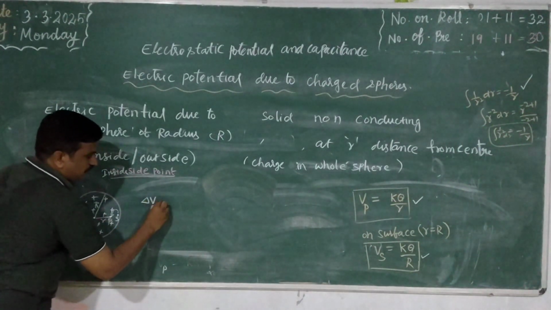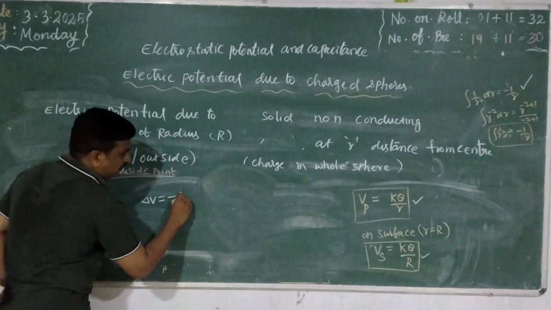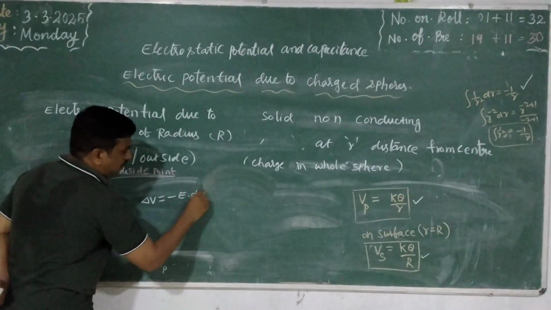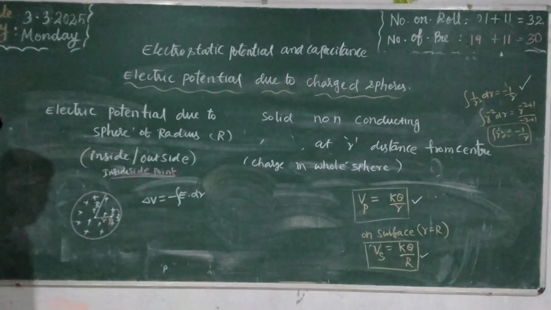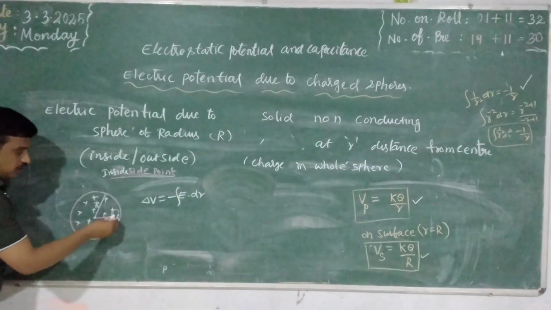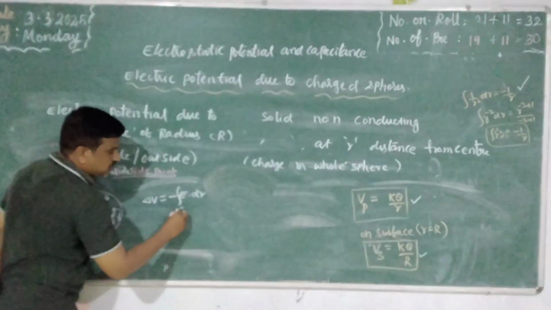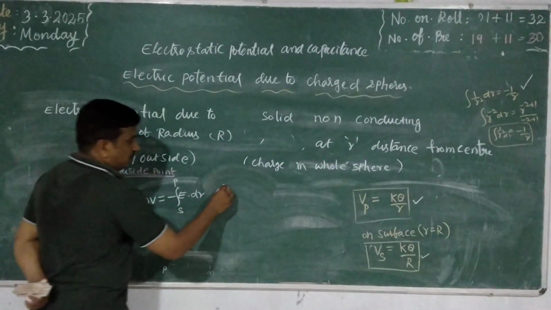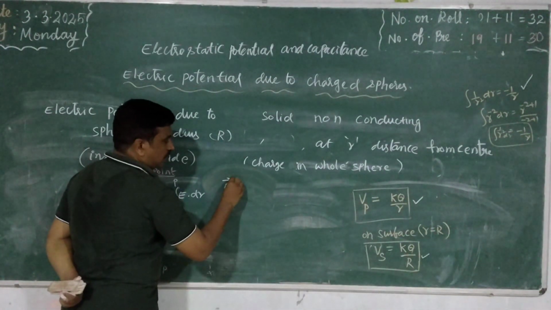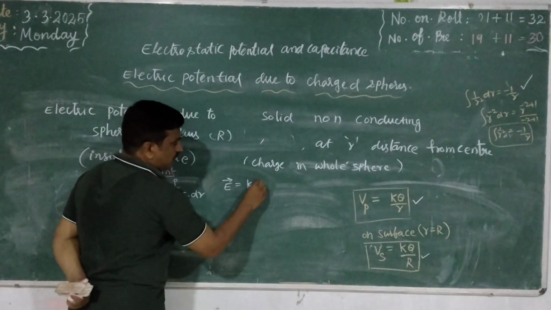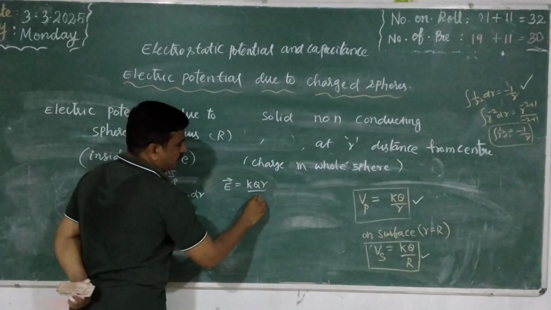Delta V equals minus integral of E dot dr. Where to where is the charge moving? S to P, so the interval is S to P. E, the electric field inside the solid non-conducting sphere, is KQr by R cube.